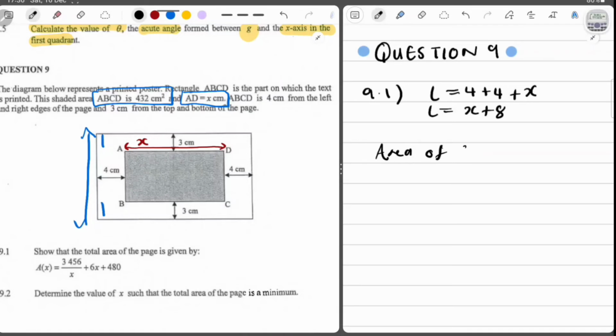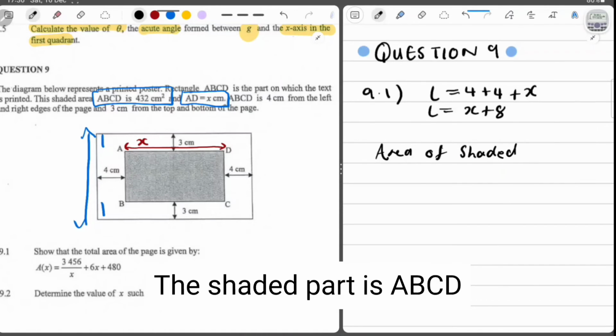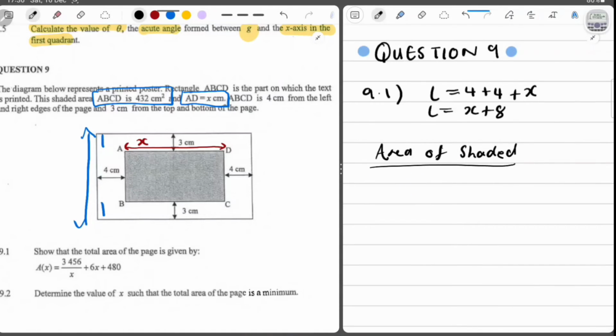So the area of the shaded part, that's what we're looking for. That would be, of course, AB multiplied by AD, which would give you that area, which they told us is 432 centimeters squared. But remember, we have AD already as x. So to find AB, we can just make AB the subject.